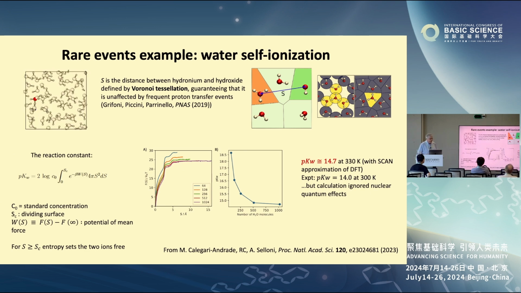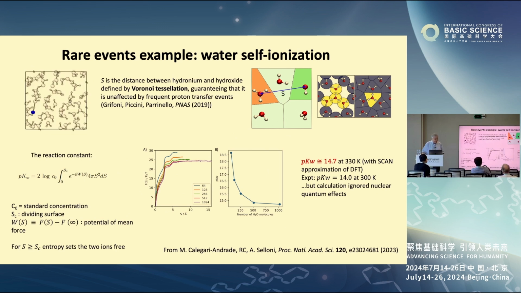So it will never occur in a simulation, even if we can do a simulation for 100 nanoseconds with, let's say, 1 million molecules, it will not occur. So we have to force this event to occur.